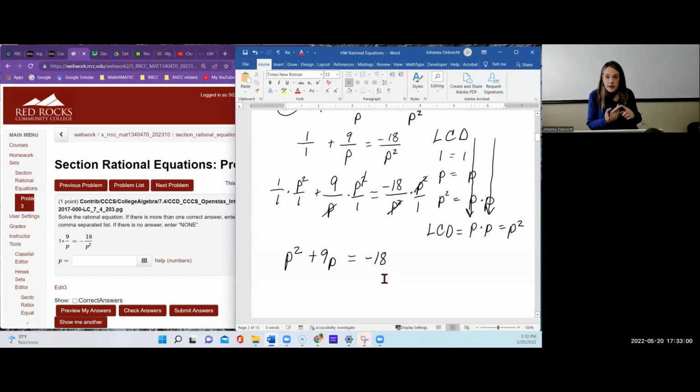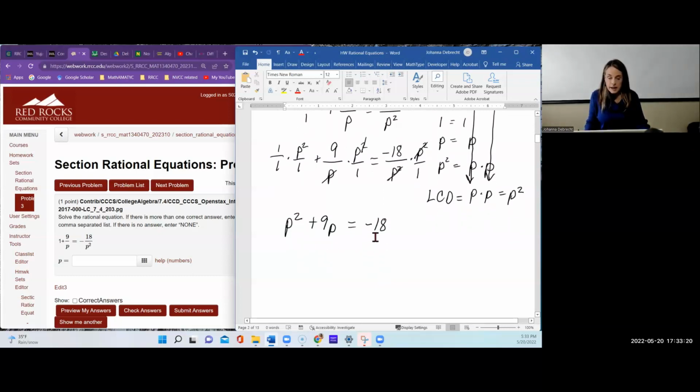I'm going to try factoring since that's usually the first thing I try. It's the fastest if it works. The two methods that always work are completing the square and using the square root property with it, and the quadratic formula. In order to do any of these methods, I need to put the negative 18 on the left with the rest of the equation and get 0 on the right.